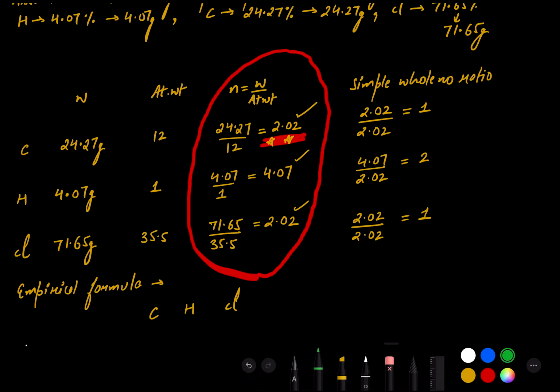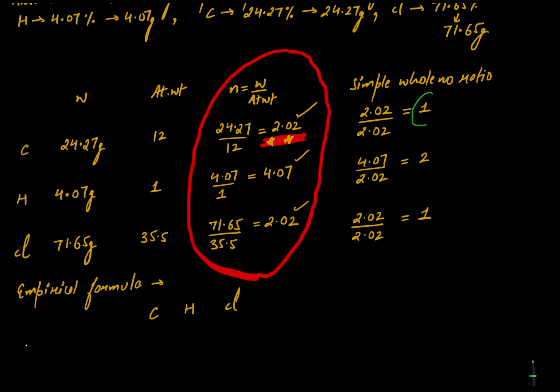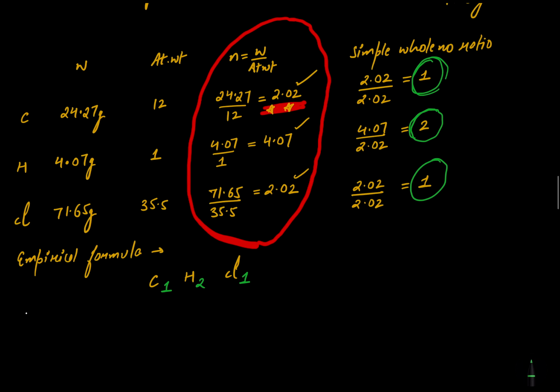Here, what's the value of carbon? It's 1, so I'm writing 1 over here. For hydrogen it's 2, so I'm writing 2. And for chlorine it's again 1, so I'm writing 1. So that's my empirical formula, C1H2Cl1.